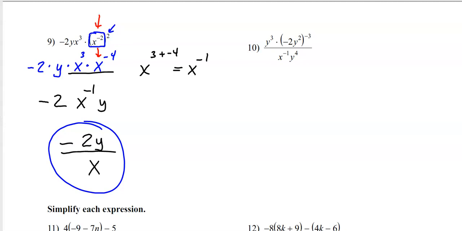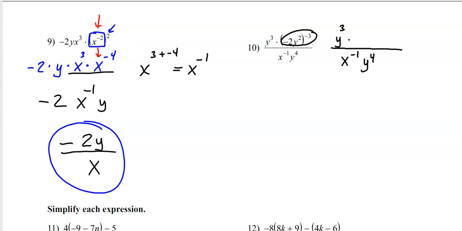All right, number 10, it's getting bigger, it's getting funkier. So let's go through. Let's do the top first, and then we'll deal with the bottom. So I'm going to leave the bottom alone. Let's clean up the top. I can't really do anything with that y to the 3rd yet. I'm waiting to do this business, which is kind of nasty.